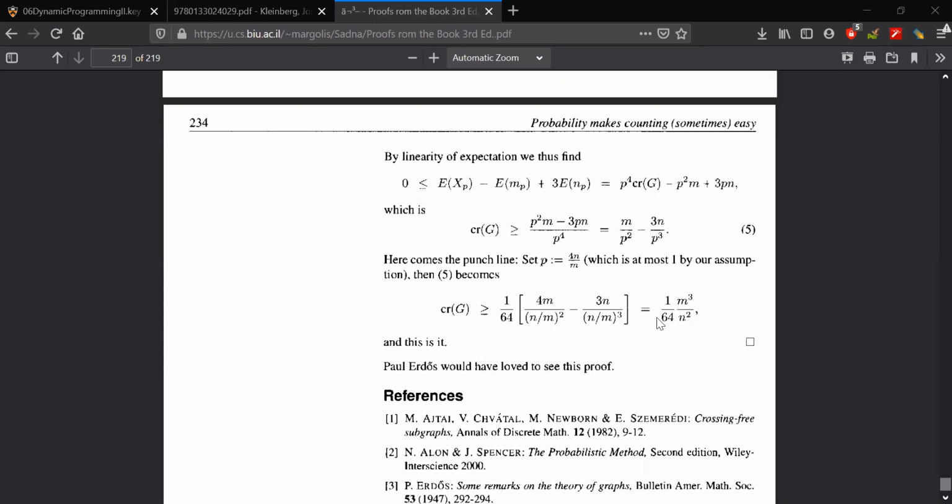How important is this 1 by 64? It is definitely important. Some special cases might not work if this factor is not there. But perhaps it is not the most interesting part of this inequality.